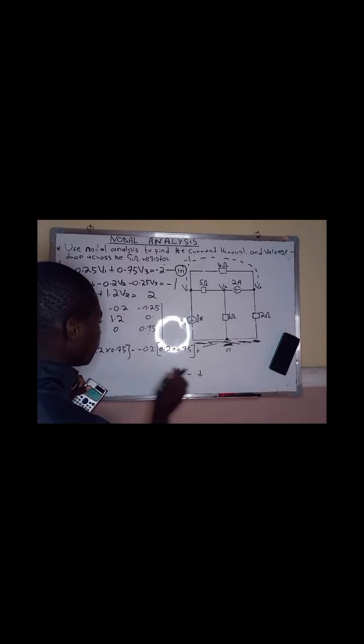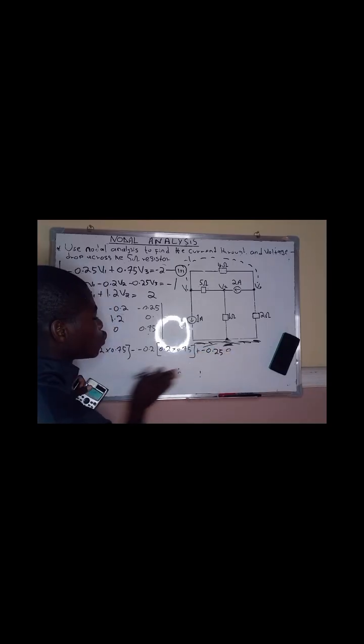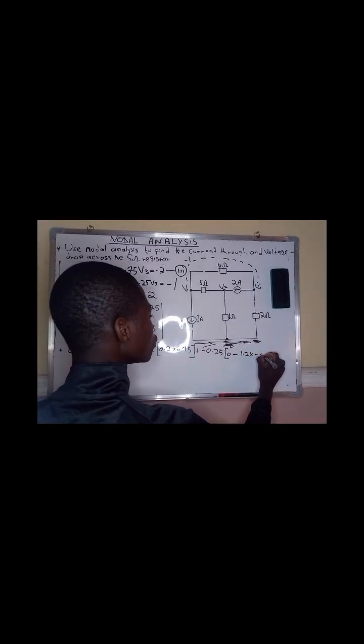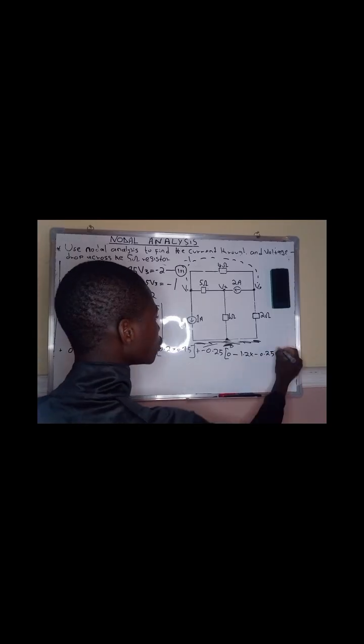So I'm having positive, negative, positive, and then minus 0.25 multiplied by, I will delete this, this times this is 0. So I'm having 0 minus 1.2 times 0 minus 0.25. So therefore, let me add them together.